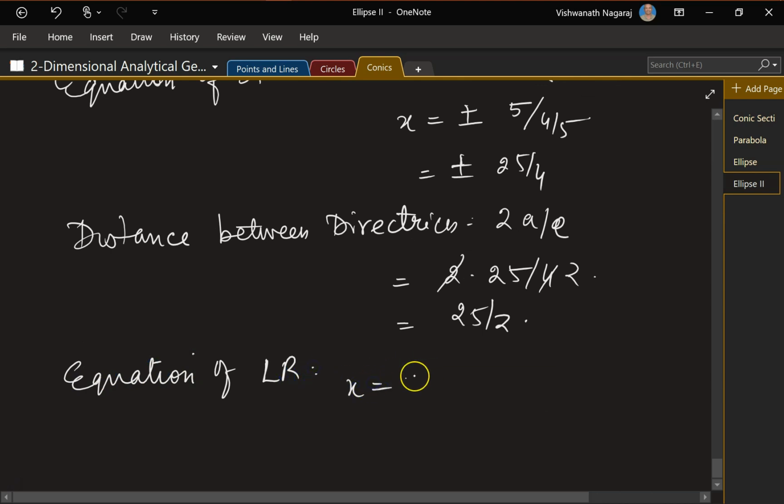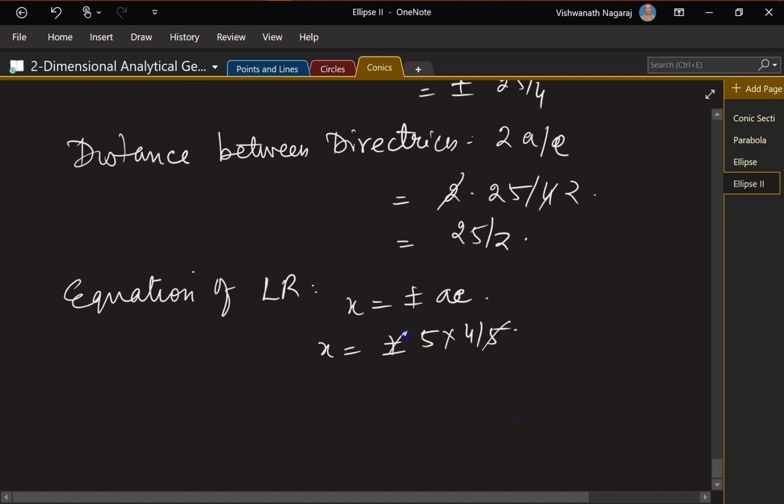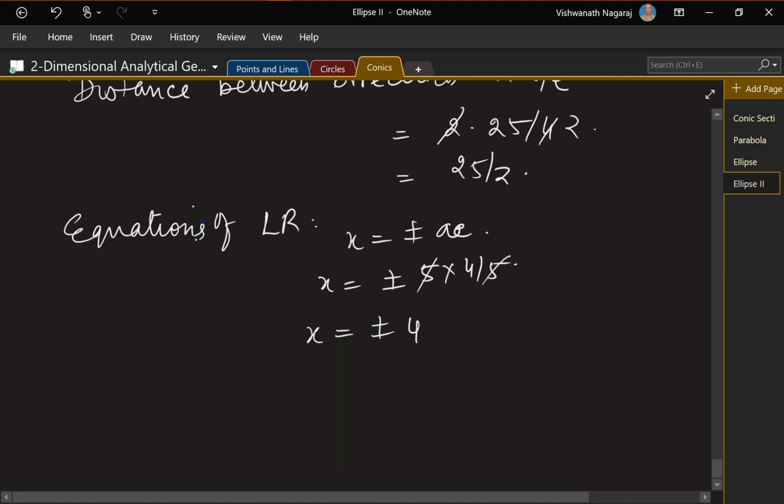Now equation of LR will be x is equal to plus or minus AE. So x equal to plus or minus 5 times 4 by 5. So x is equal to plus or minus 4. That is the equations of LR.